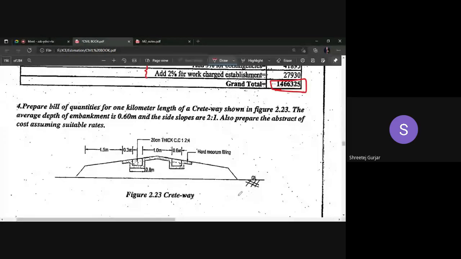Okay, are you able to see the screen? Are you able to see the screen? Yes, sir, no, sir?